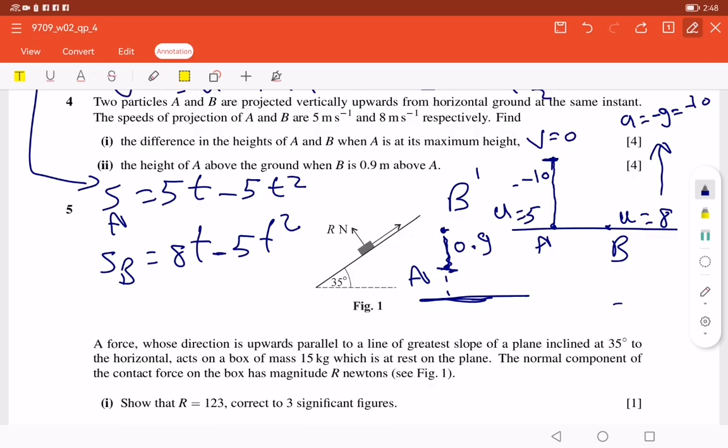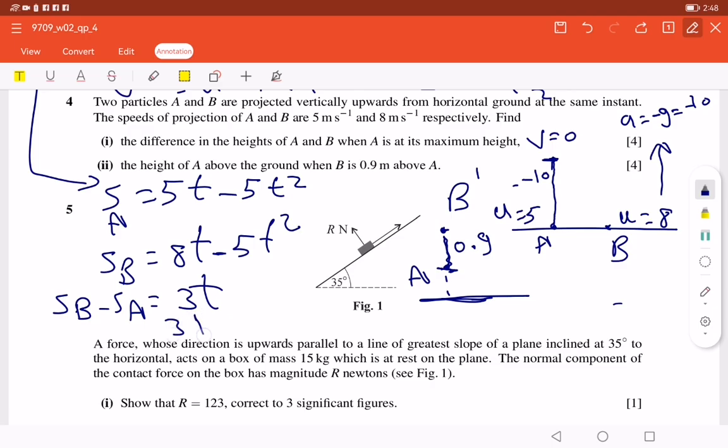Is it okay? But now we need to find the difference between the two heights, so you must subtract what? SB minus SA. So we can say SB minus SA equals 3t. And SB minus SA equals 0.9 as given.